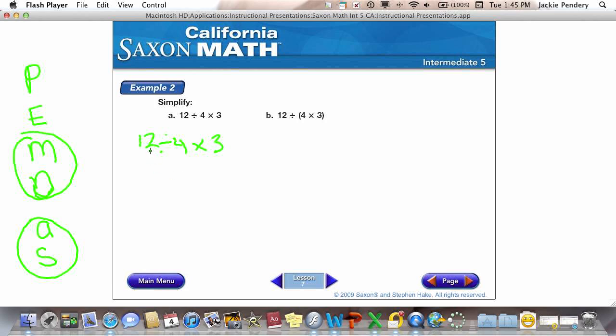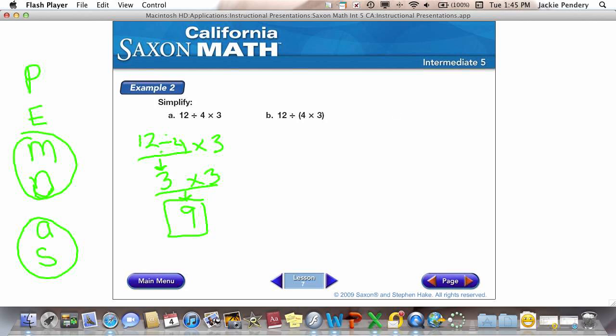So we'll work left to right because I have no parentheses, I have no exponents. So 12 divided by 4 is 3. Bring down the times 3, and 3 times 3 is 9. So I solved this piece of the equation and turned it into this, and then I took the rest of the equation and just brought it down and then solved the rest to get my answer.